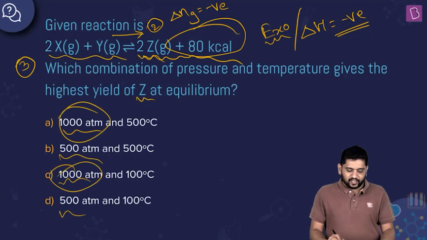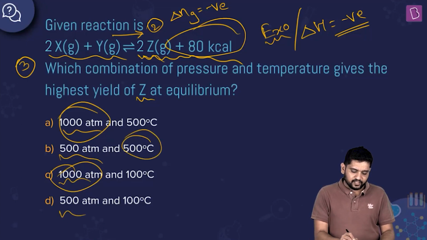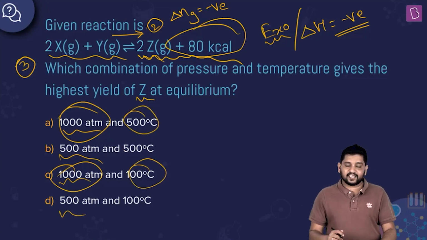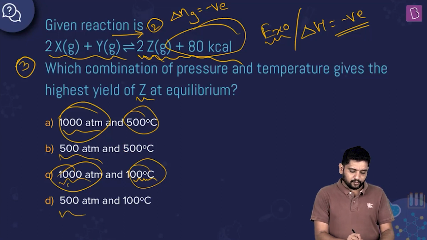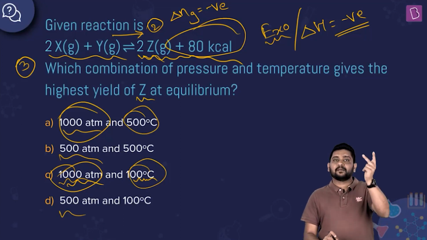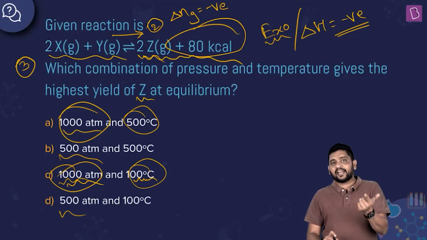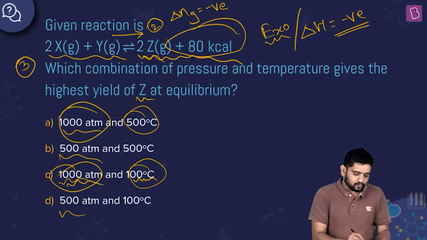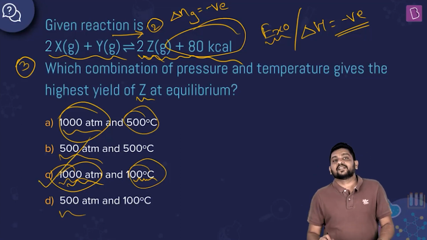As far as temperatures are concerned, again I'm only seeing 2 temperatures, 500 and 100, so the lower temperature would be preferable to me. So I have 1000 atmosphere and 100 degrees C as option C, where there is high pressure and low temperature, which will help a reaction where the number of moles is decreasing and heat is being evolved. So our correct answer is option C.